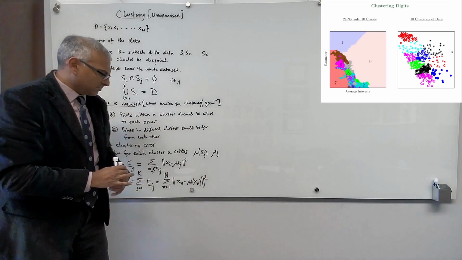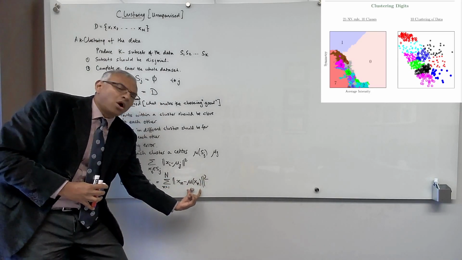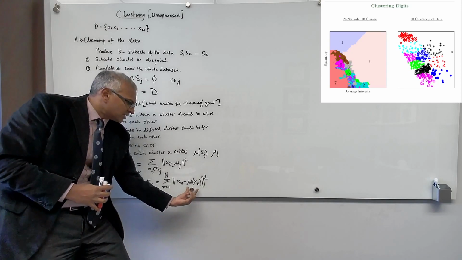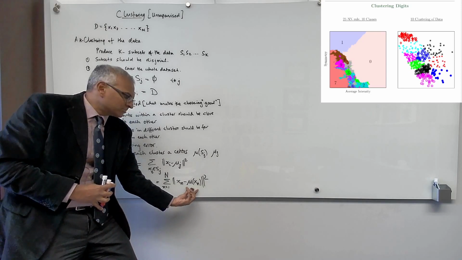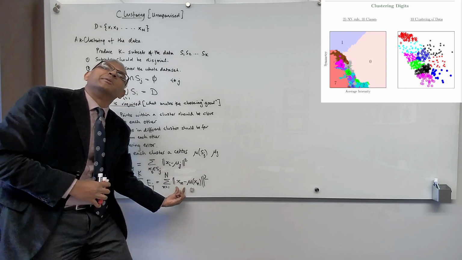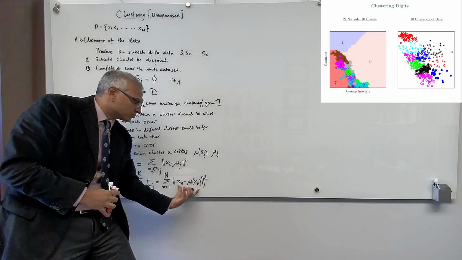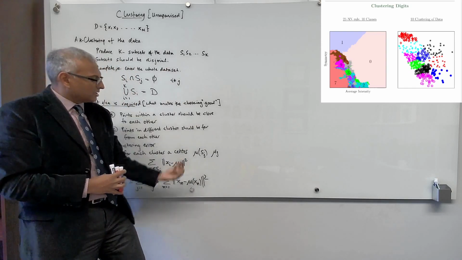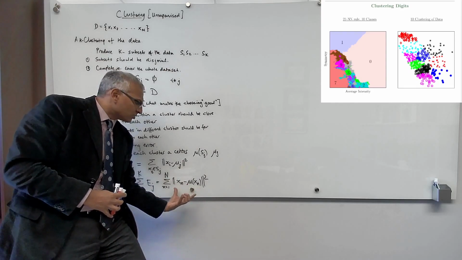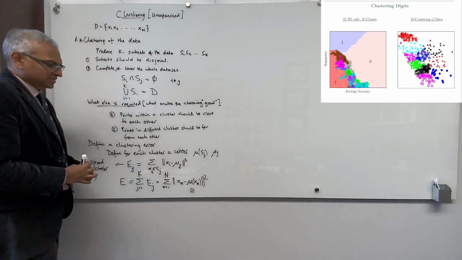Where I'm loosely using the notation mu of x sub n to mean the center for the subset to which x sub n belongs. So x sub n belongs to some subset, and that has a corresponding center. And so how far is x sub n from that center?